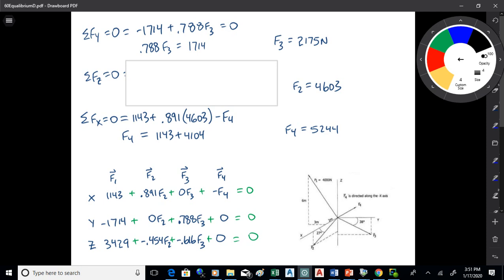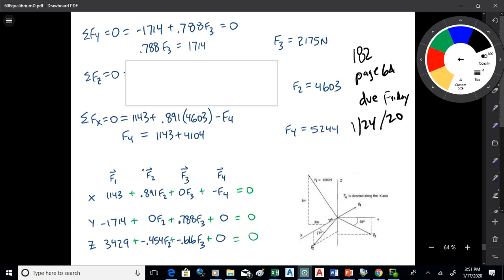It's on page 6A. So that's due Friday, and that is the 24th, I think. And what else did I assign? Was it 171 and 173? Okay, so that's the list for Friday.